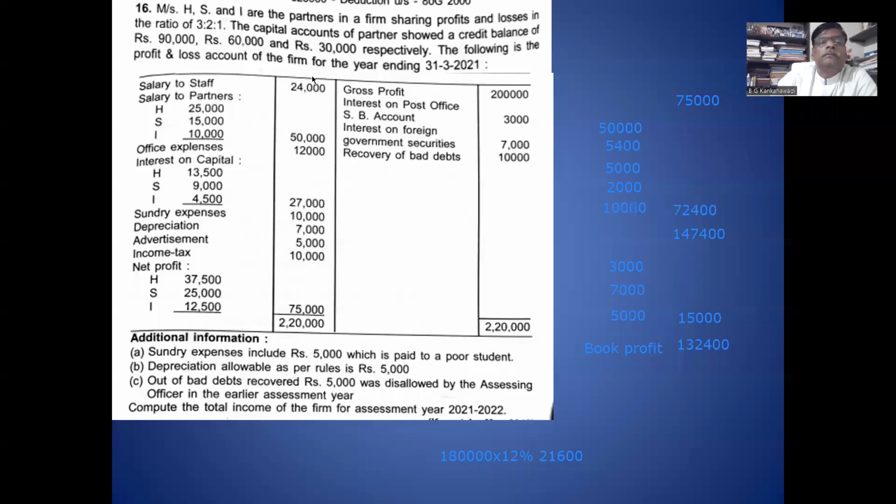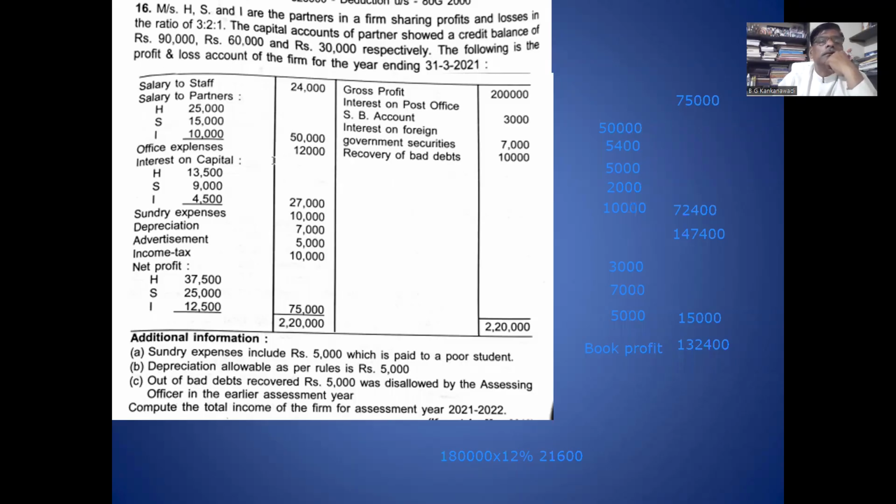The partners in the firm share profits and losses in the ratio shown, with the credit balance.